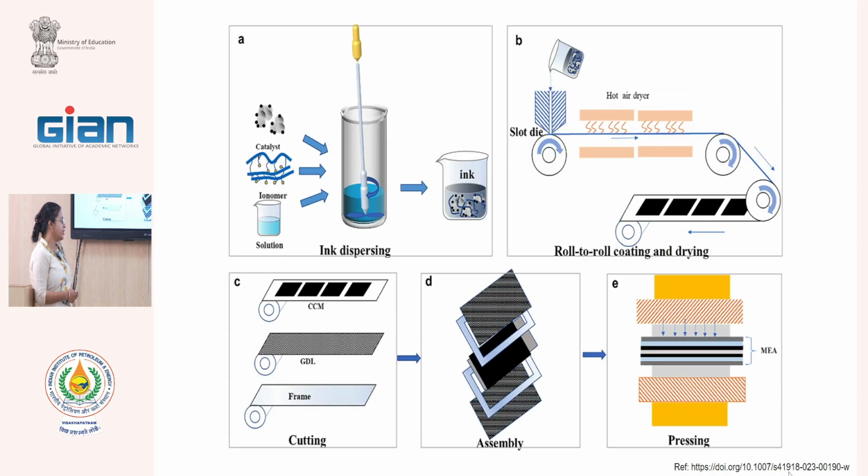They added a solvent and mixed it very vigorously. The solution they get, they call it ink. Ink is like the cartridge ink in a printer, it is like that only. It is basically a mixture of these three components.